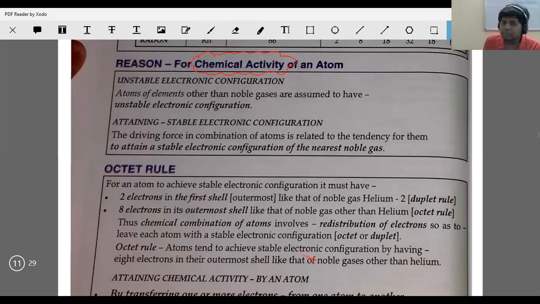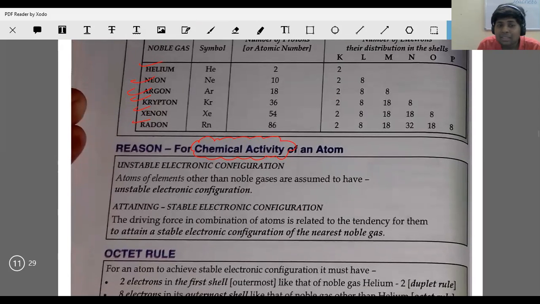Oganesson is also a noble gas, so why is it not included in the table? What is a noble gas? I think she's telling about oganesson, the 118th element, the last. It is not included.